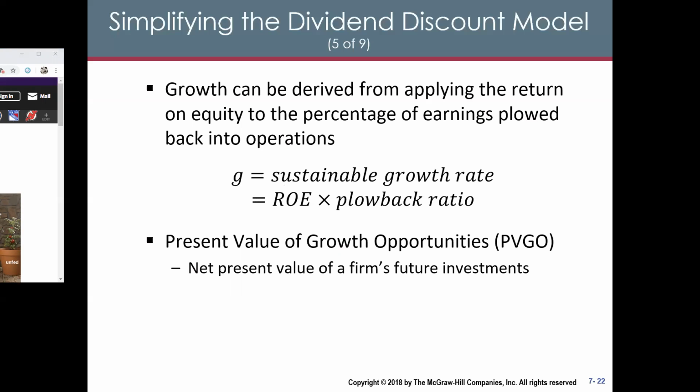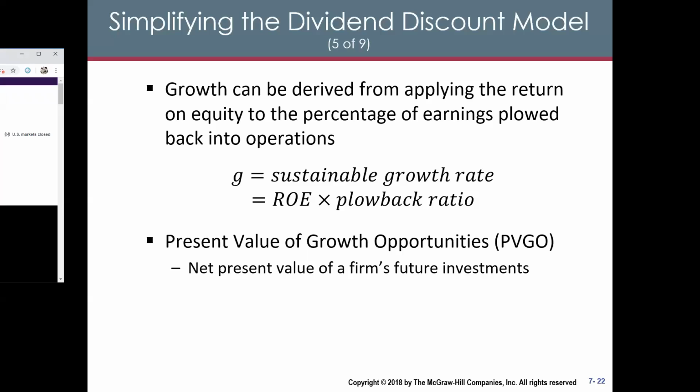Okay. And when we evaluate a potential project, a potential investment opportunity, we can calculate the present value of the growth opportunity, or we call it the PVGO. So it's the net present value of a firm's future investment. So it's making a comparison here.